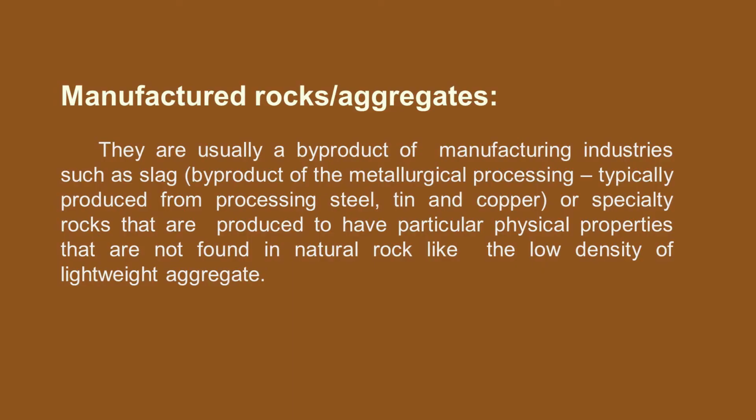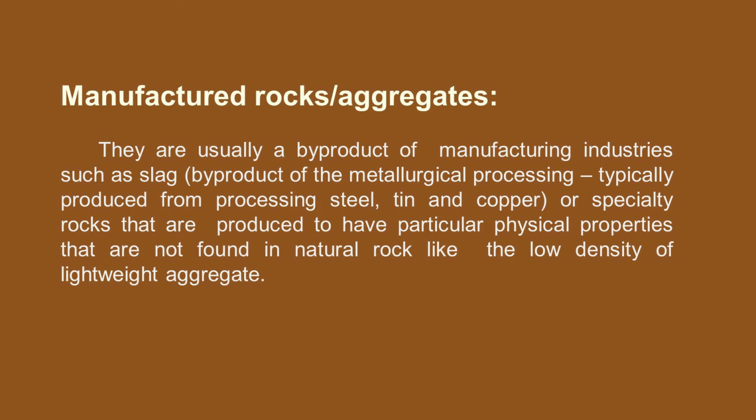Yung next is manufactured rocks or aggregates. They are usually byproduct of manufacturing industries such as slag or specialty rocks that are produced to have particular physical properties that are not found in natural rock, like the low density of lightweight aggregates.